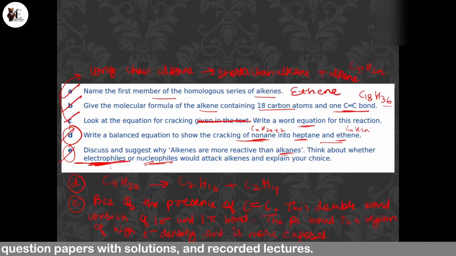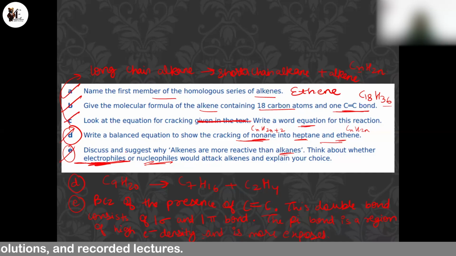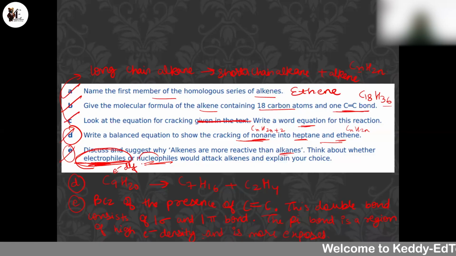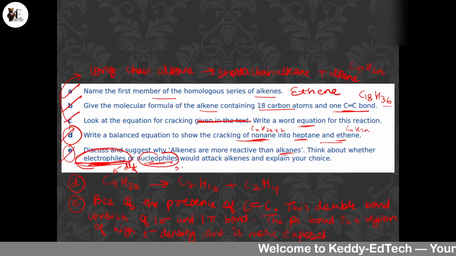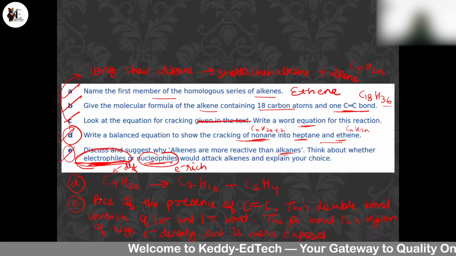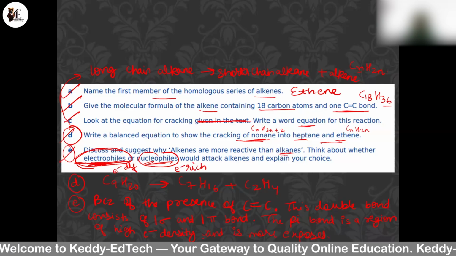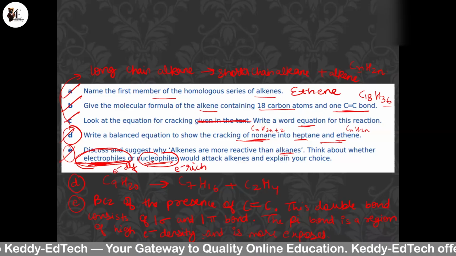They are electron deficient. And what about nucleophiles? Electron dense. Yes. So alkenes are electron rich. So what should attack, electrophile or nucleophile?